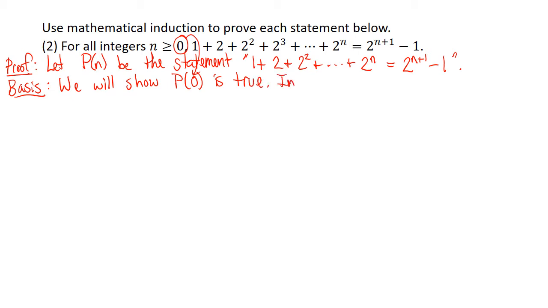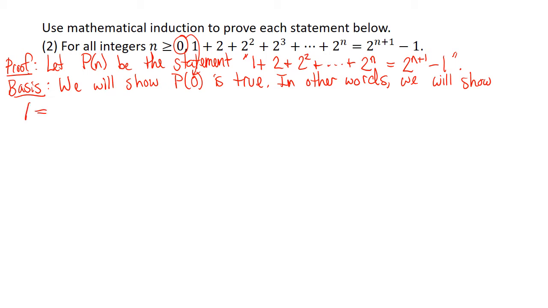In other words, let me write out what P of 0 actually is so that we can see what it is we need to prove. Now's the part where you all get confused, like what exactly is on the left side of this equation. If you plug in 0 for n, I think you will see that the last term will be 2 to the 0, which is 1. So the first term is 1, the last term is 1, that means you only have 1. Only 1 is up there.